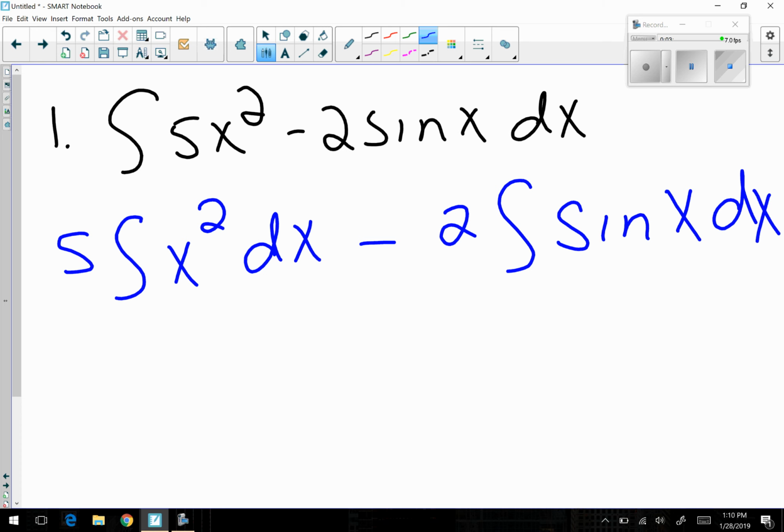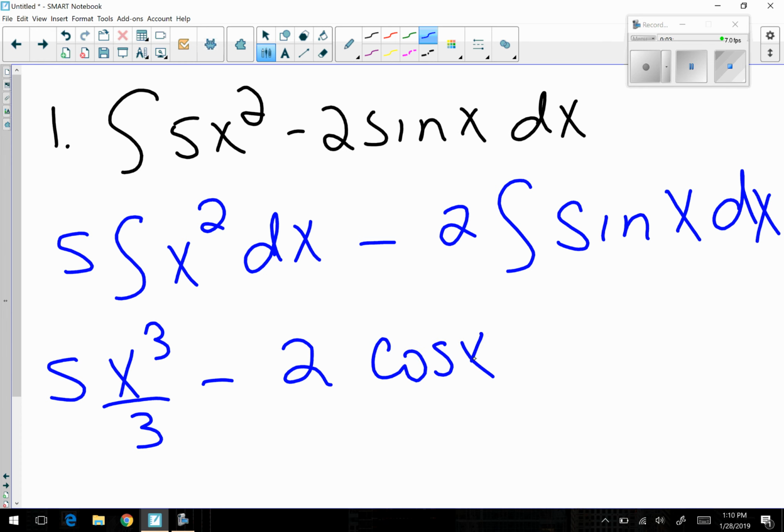And now I can just use my integration rules. So 5x squared becomes x cubed over 3 by power rule. I add 1 to my exponent, and whatever that number is, I divide by. Minus, I have 2. Sine x becomes cosine x. Now if I take the derivative of cosine, I get negative sine. So this must be negative cosine of x.